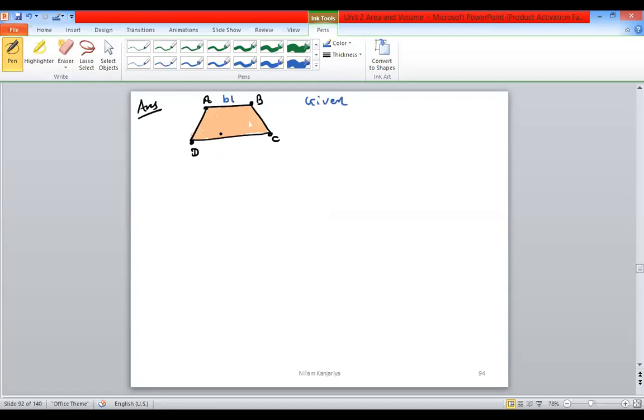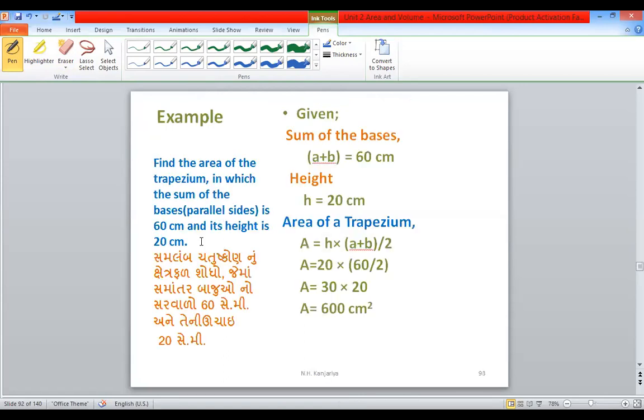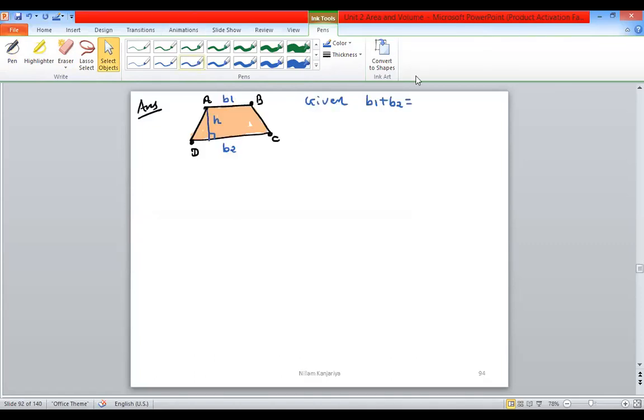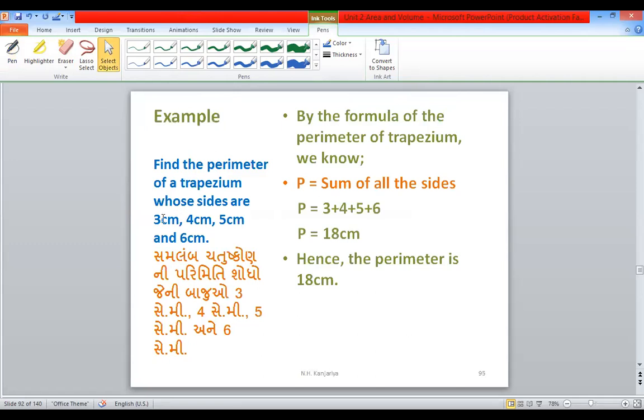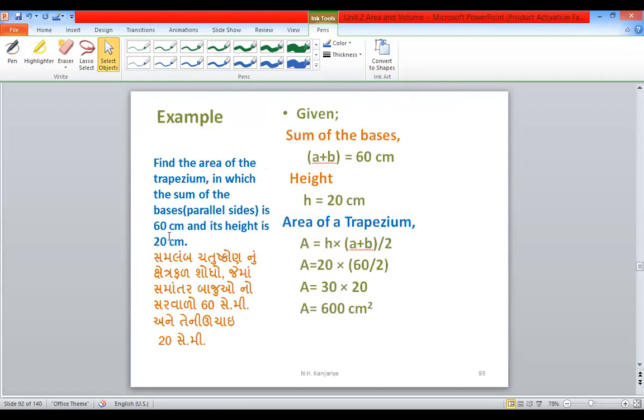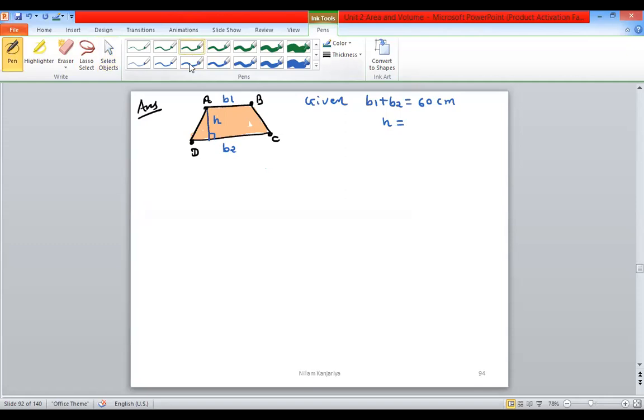Suppose this is B1, this is B2, and this is your height H. Given B1 plus B2 is 60 centimeter. Look here, the sum of the two parallel sides is 60 centimeter, and the height is also given, this is 20 centimeter. Then you can find the area.